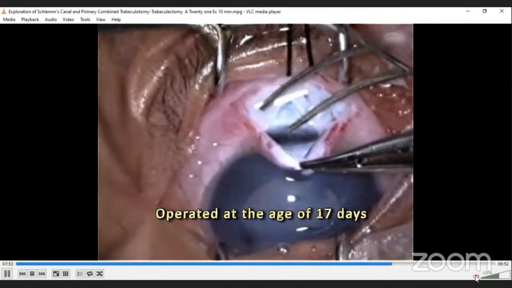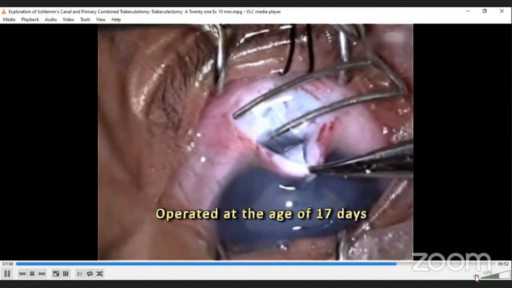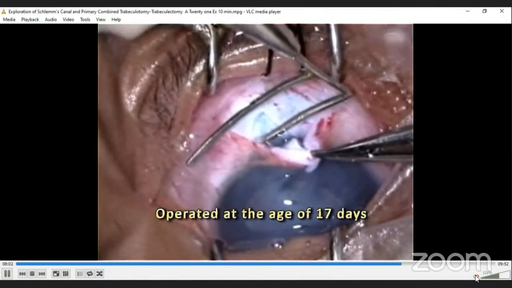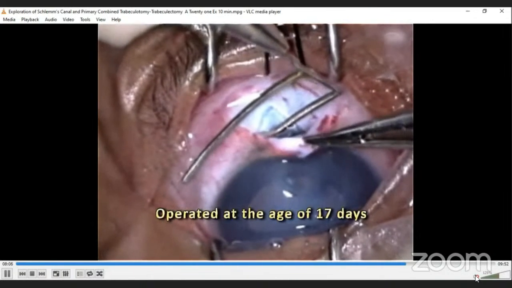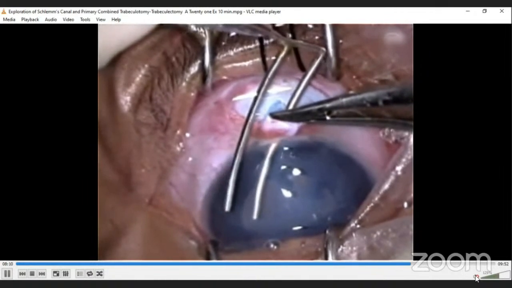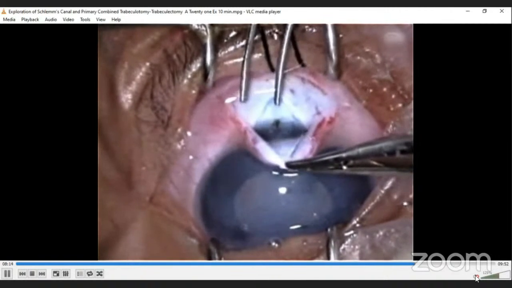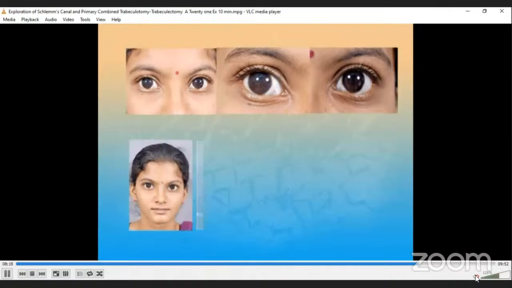You can see clearly on the other side, once approximately 70 to 80% of the probe is inside the Schlemm's canal, it is rotated so that the lower prong, which is inside the canal, will disrupt the trabecular meshwork and will create a continuity between the anterior chamber and that segment of the Schlemm's canal. This is the trabeculotomy part of the operation, and then the trabeculectomy is done.